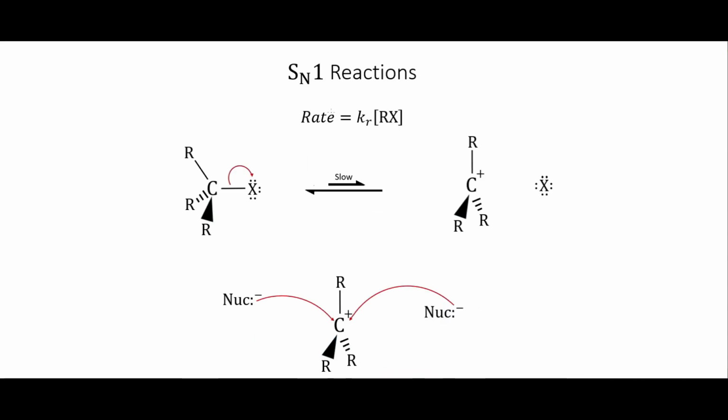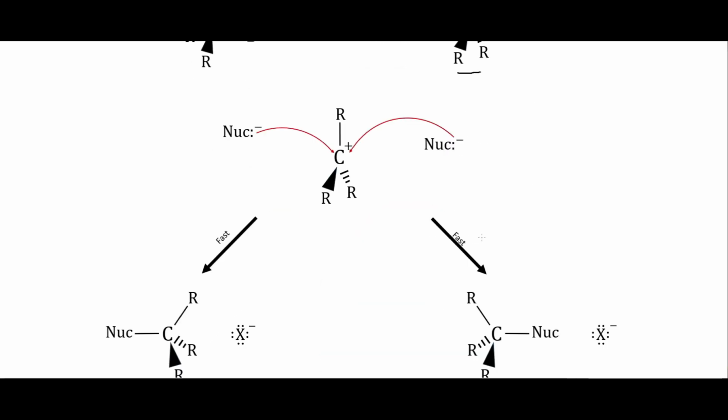Just as a review, remember our SN1 reactions, where the rate is dependent on just the concentration of the substrate. We have the slow step, where the leaving group leaves, leaving us with this carbocation, which can then be attacked from either side by nucleophiles.